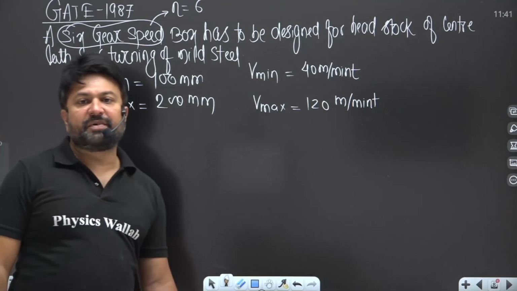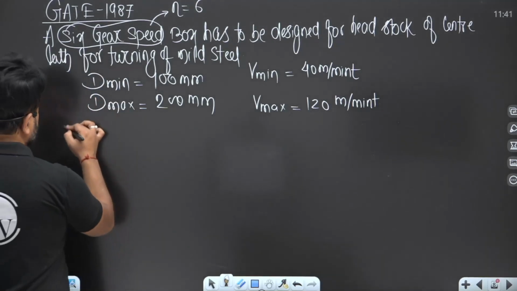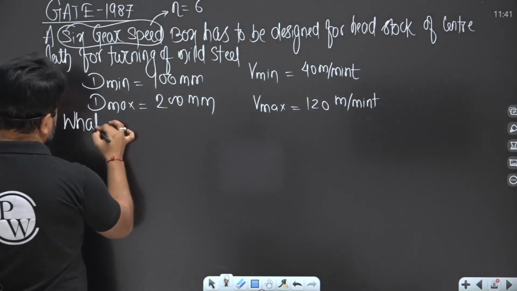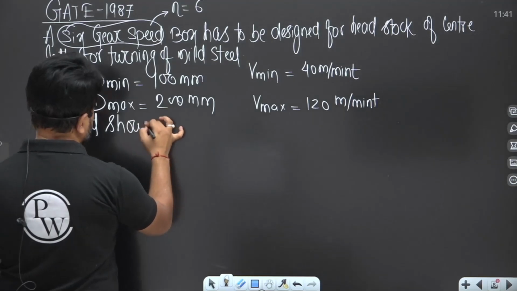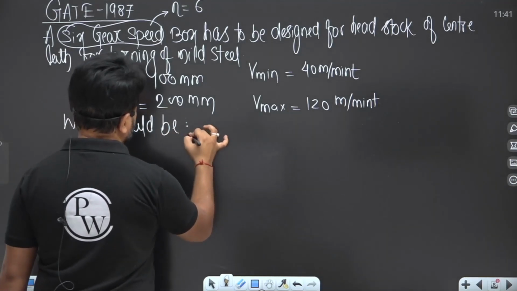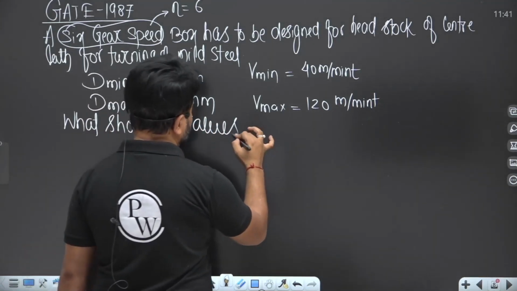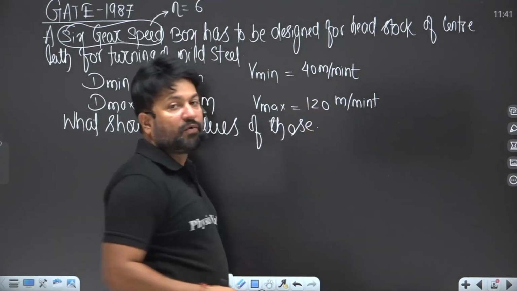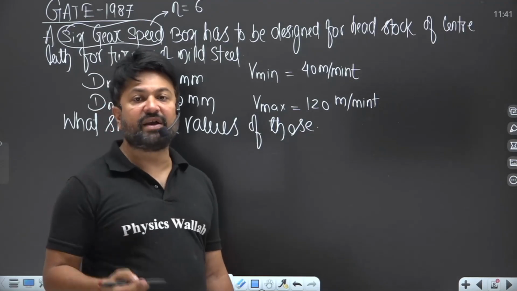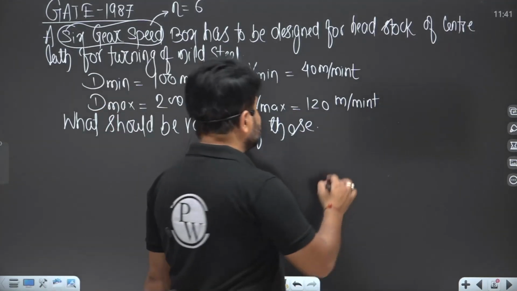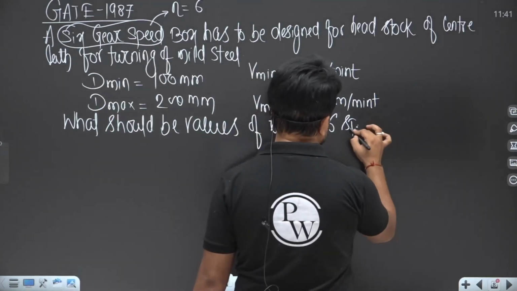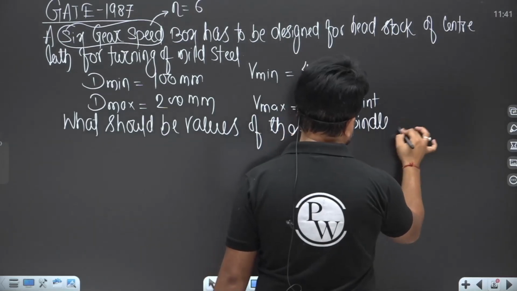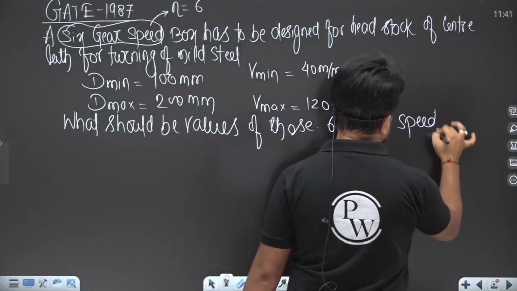So what should be the values of those 6 spindle speeds?